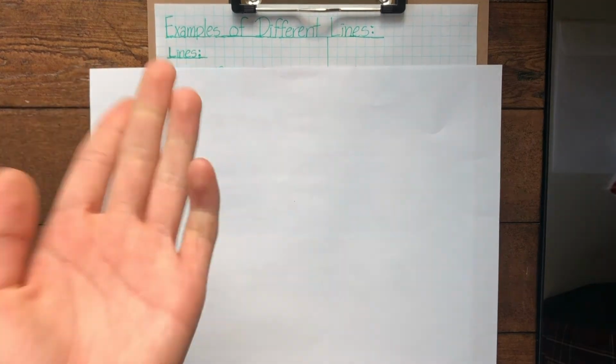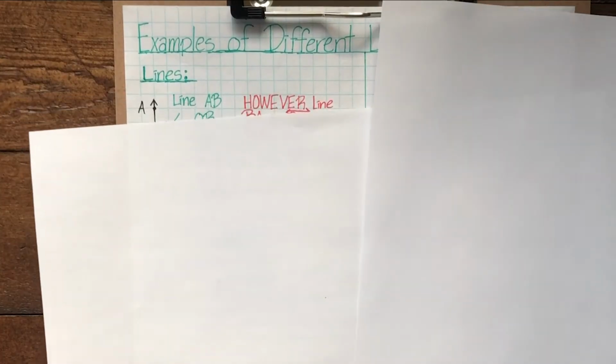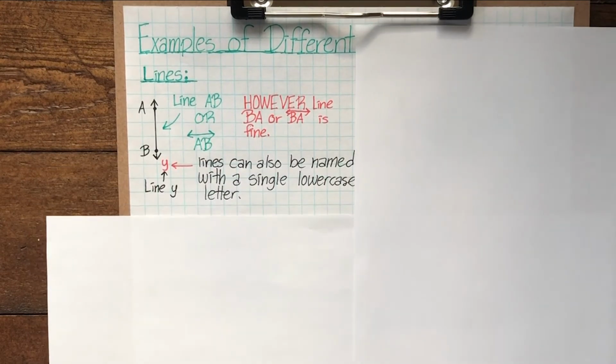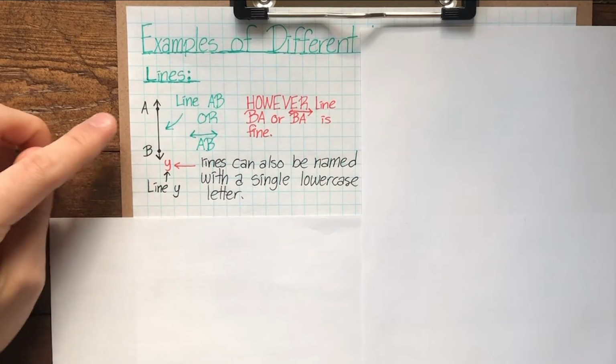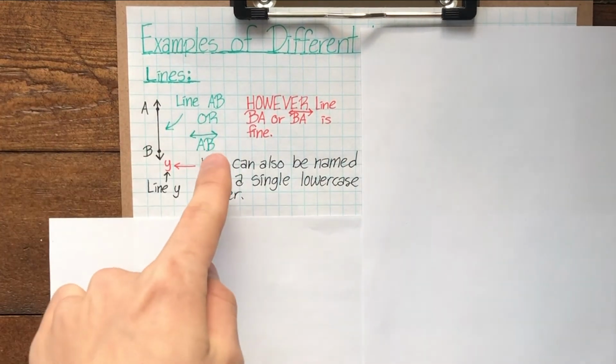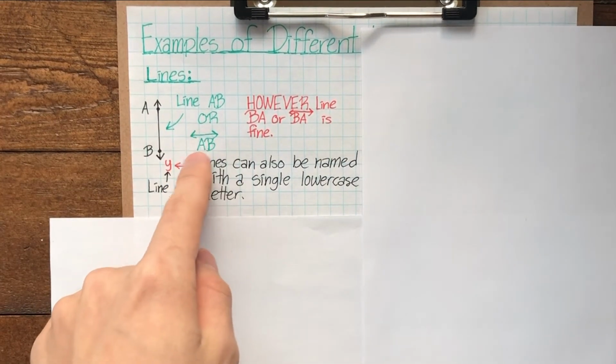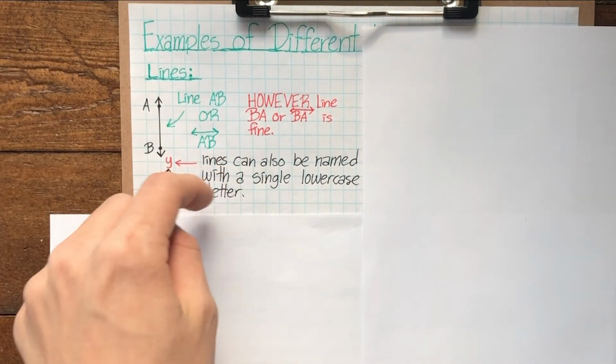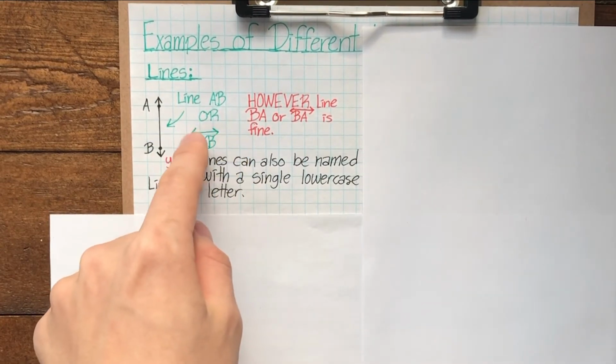So first we just have the classic line. So this is line AB. As you guys can see, we can also label it by writing AB in capital letters with a line above.